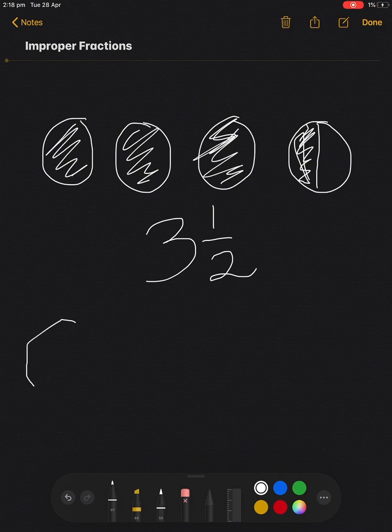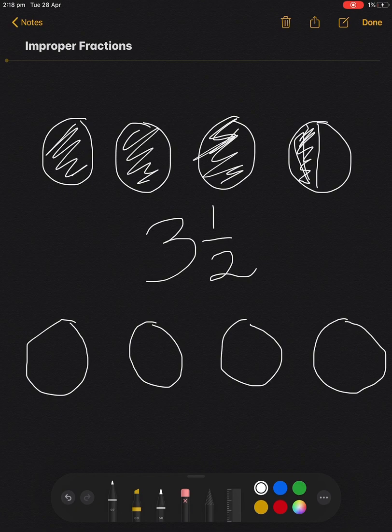What I'm going to do is draw those same 3 1/2 cookies, but this time I'm going to divide each cookie into halves to see how many halves I have total.